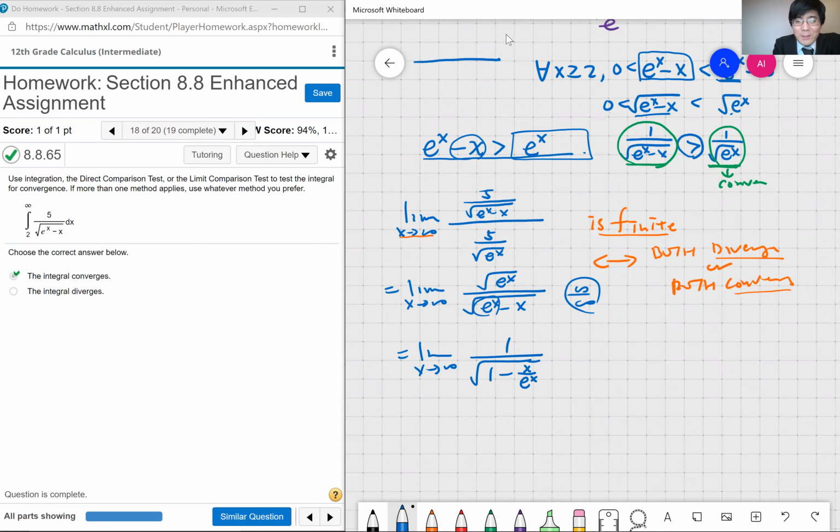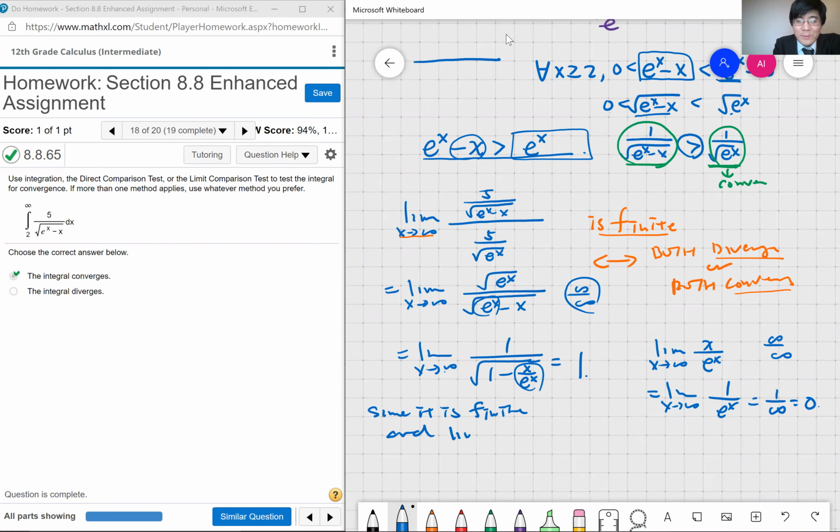Now taking the limit as x approaches infinity, denominator is much bigger, but if you want to do it rigorously, this is infinity over infinity type indeterminate form. So you are going to use L'Hopital: derivative top, derivative bottom, and plug in again, it's going to be 1 over infinity, which is 0. So this is going to become 1, which is a finite value.